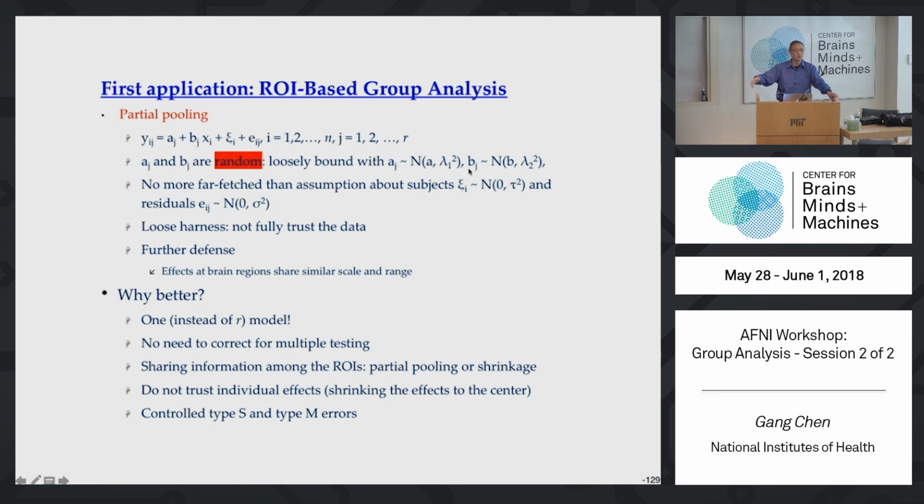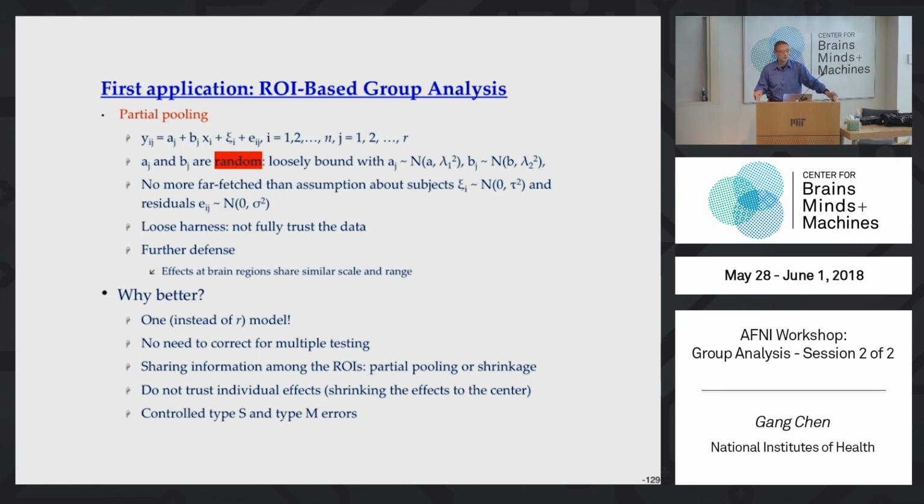That's the crucial part. In the traditional approach, A sub j and B sub j are parameters, but they are fixed. We just need to estimate them. But here I'm doing it differently. I assume they follow some Gaussian distribution.